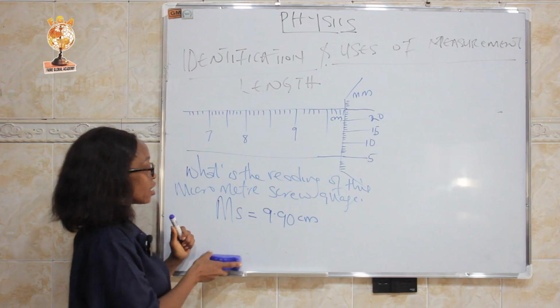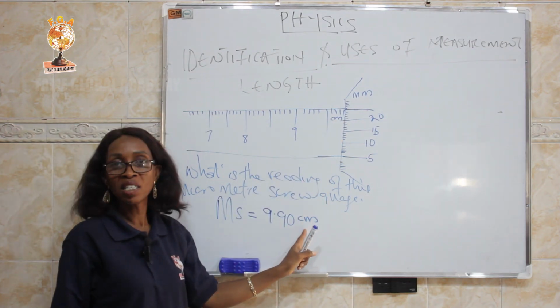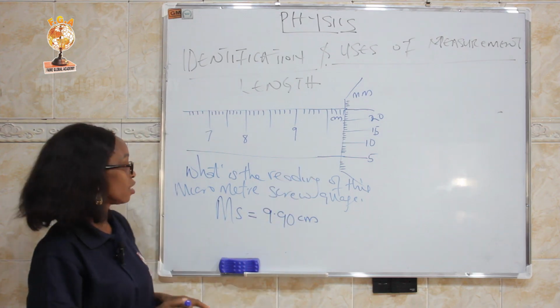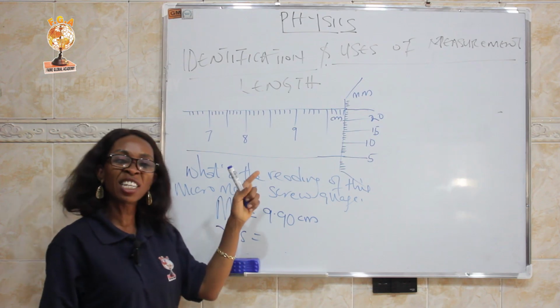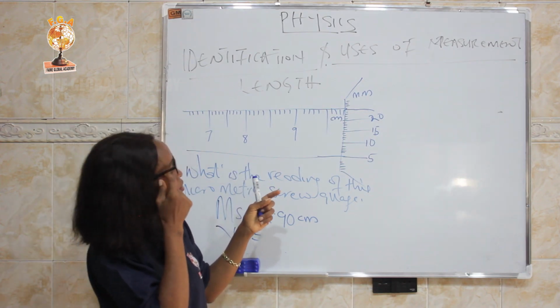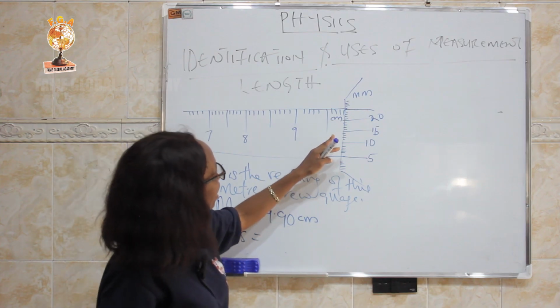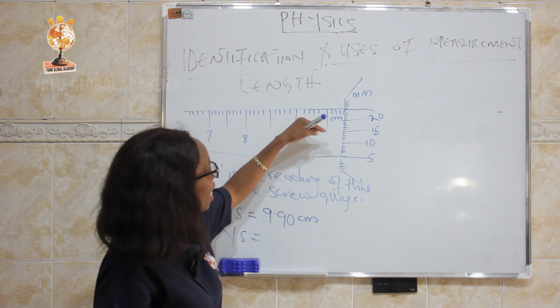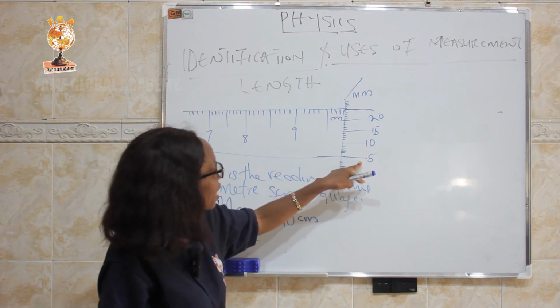Now, the main scale is entering the vernier scale at 9.90 centimeters. For the vernier scale, the same thing happens. The same way you read the vernier scale in the vernier caliper, you have to check where the main scale line enters and coincides with the vernier scale.